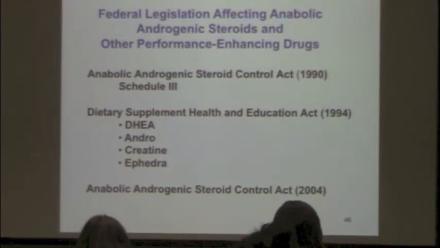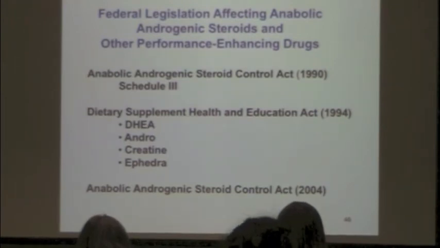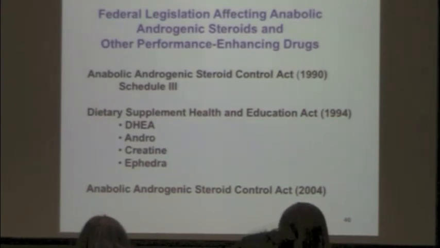But the DHEA law, which you've probably heard about, the Dietary Supplement Health and Education Act of 1994, places several of these steroids and other substances as well, like creatine and ephedra, under the cover of this law as a nutritional supplement. Well, people began to question placing things like DHEA and andro, which are clearly anabolic-related steroids.